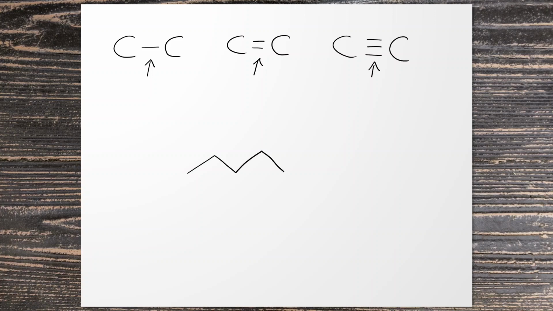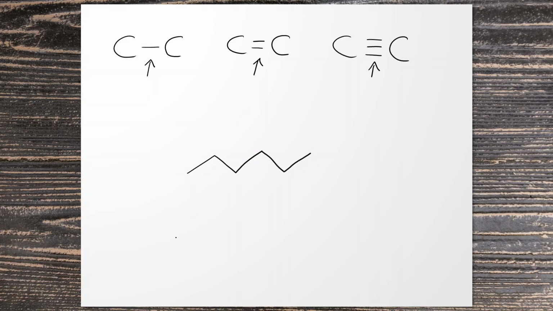I will draw a skeletal drawing, and then you can draw with me, converting the skeletal drawing into a bond line structure. So we will count the ends here. 1, 2, 3, 4, 5, 6.